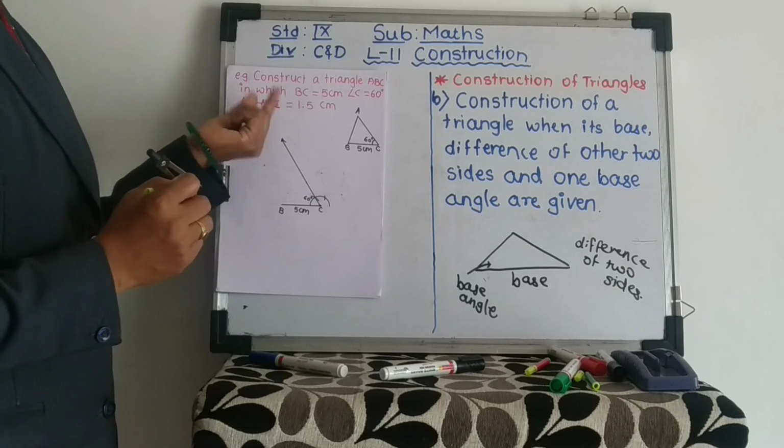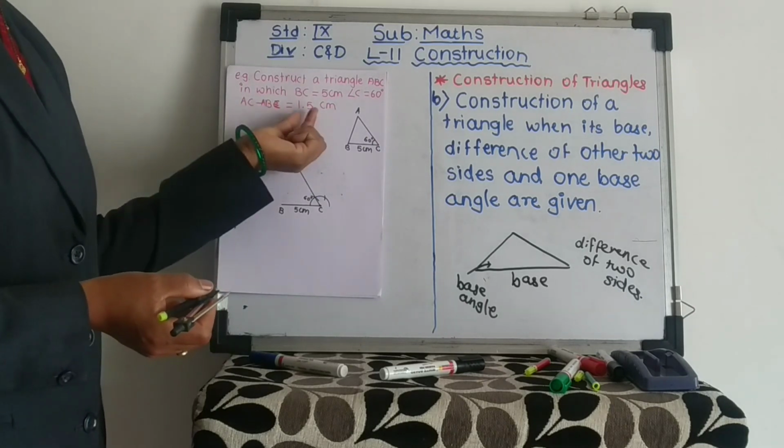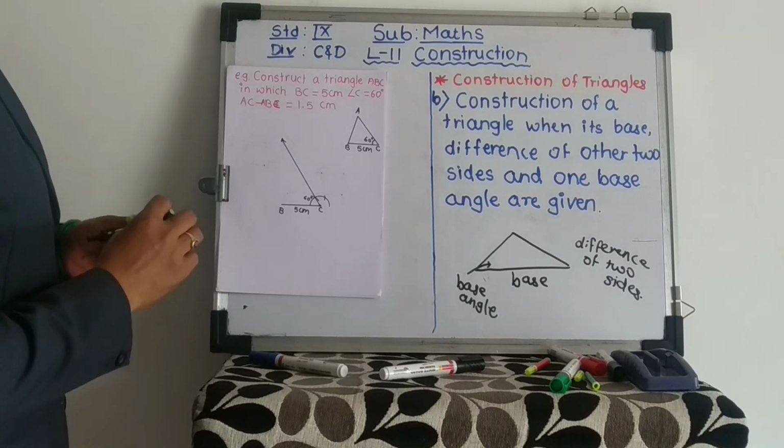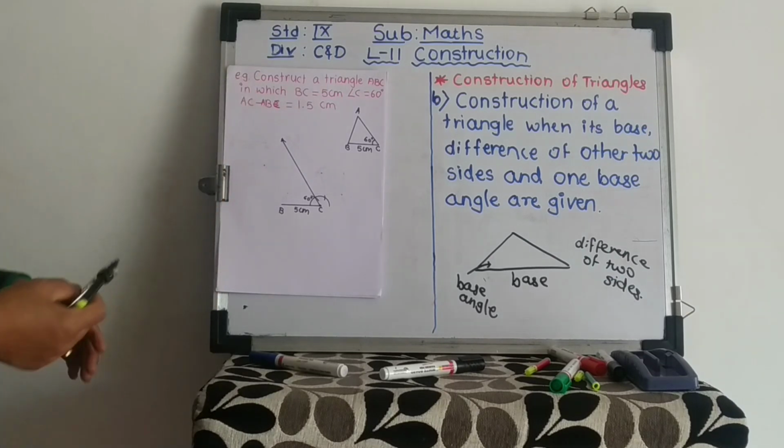Now the difference is what? AC minus AB is 1.5 centimeter. So after this we are going to take 1.5 centimeter distance in our compass. The difference is given, no? So that difference we will take.